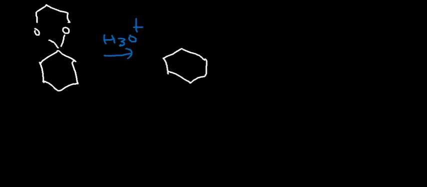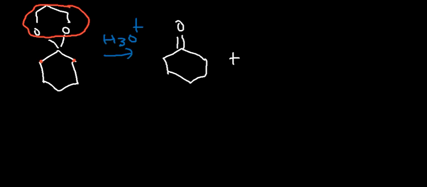So if we had H3O plus, we can see that this is a protecting group. We have an acetal, or specifically a ketal, since this came from a ketone. There's two carbons here. For it to really be an acetal, it should be a hydrogen, but most textbooks will call it an acetal protecting group. What we need to do is remove this section here and replace it with a ketone.